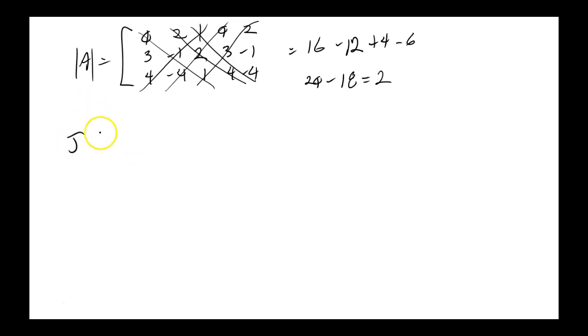Jacobian of u, v, where you only have a 2 by 2 matrix.